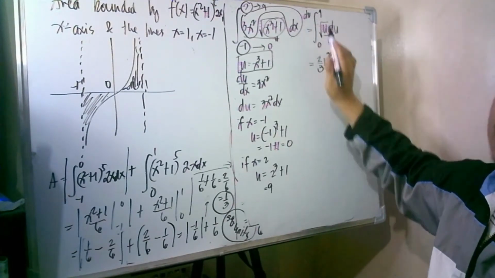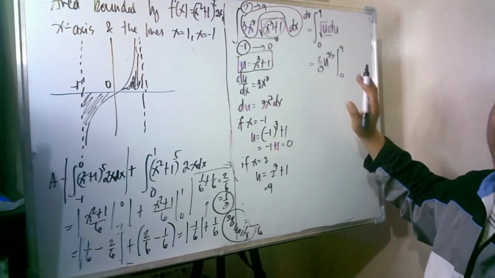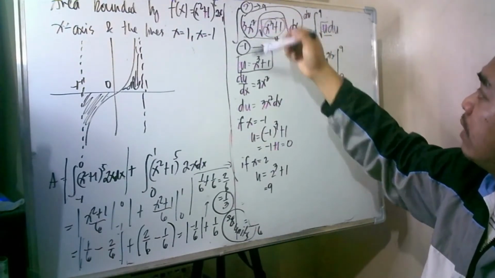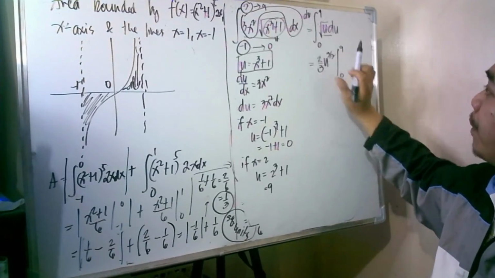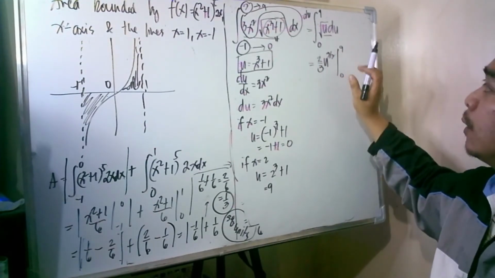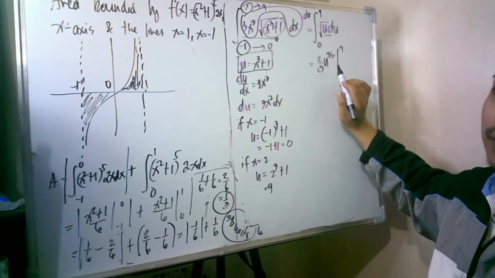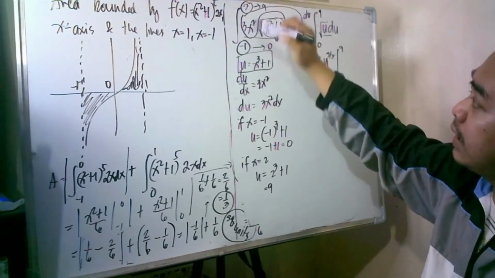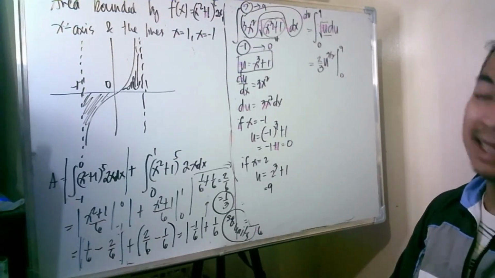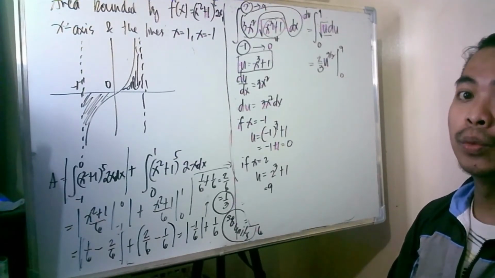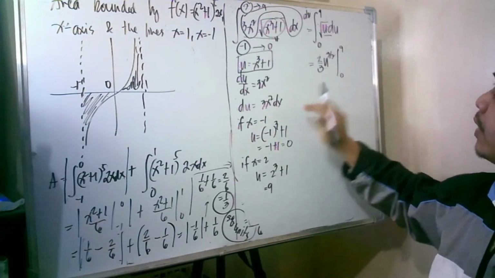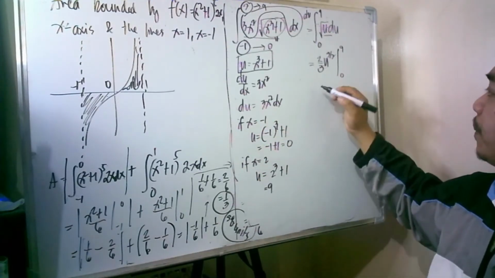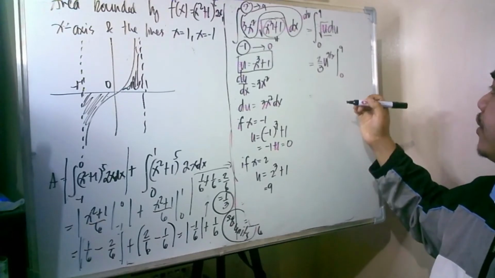Bakit? Kasi lahat yan ay nasa u. It's okay. Pero, kung i-maintain natin kasi itong limits, from this step, pag -1 to 2 pa rin ito, hindi na natin pwedeng gawin yon. Kailangan muna nating ibalik sa x para ang pwede nating gamiting limits pa rin ay -1 to 2. So, di mas diretso ito kasi ang transform na natin dito. So, what should be the answer?